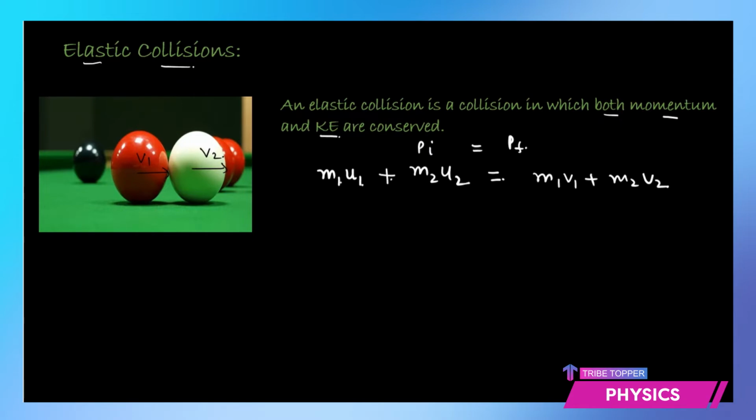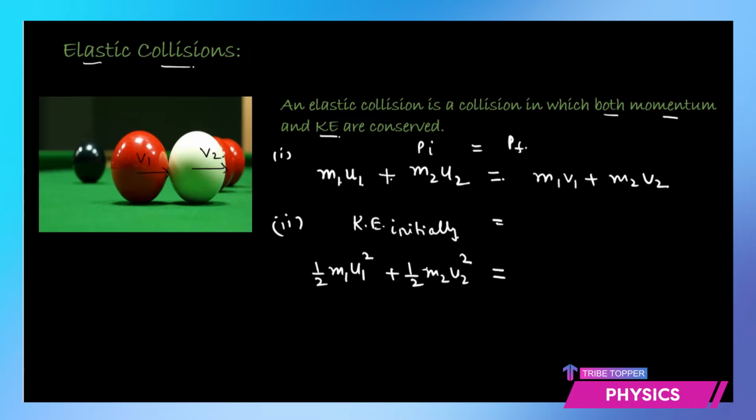The second thing that is conserved here is also the kinetic energy. So if u1, u2 were the initial velocities, the total kinetic energy initially will be half m1 u1 squared plus half m2 u2 squared, and this has to be equal to the total kinetic energy of the system finally.